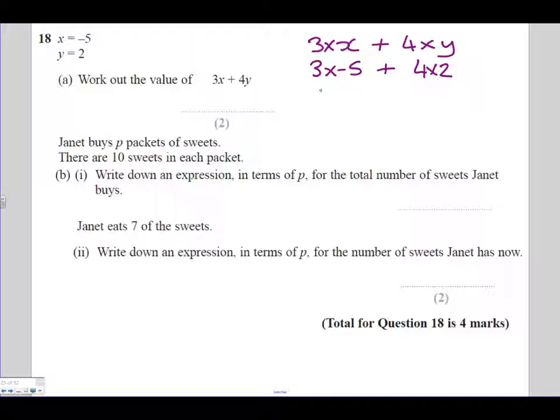So 3 times -5 is -15, a positive times a negative, plus 4 times 2 is 8. So think about your number line when you get negative numbers. I'm starting at -15 and I'm adding, so I'm going in that direction, 8. So that takes me to -7.